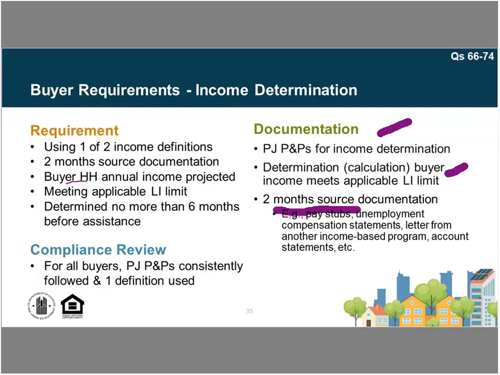And then for compliance review, HUD is going to verify that for all buyers the PJ is consistently following the definition that they identified in their policies and procedures, and that they're using the same definition for all buyers in that program or that particular project.